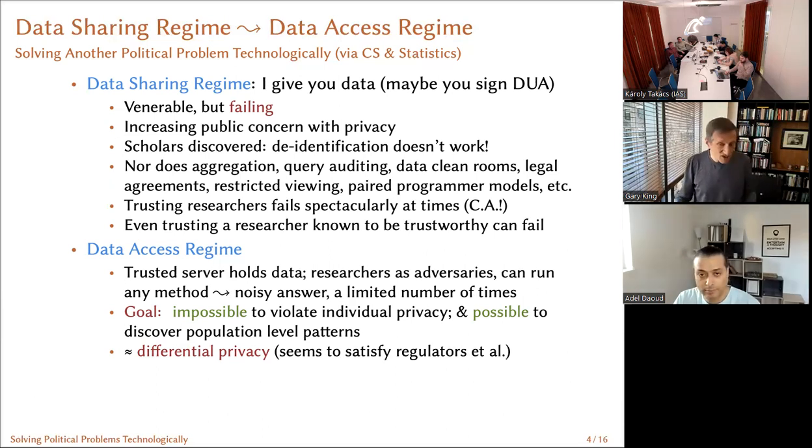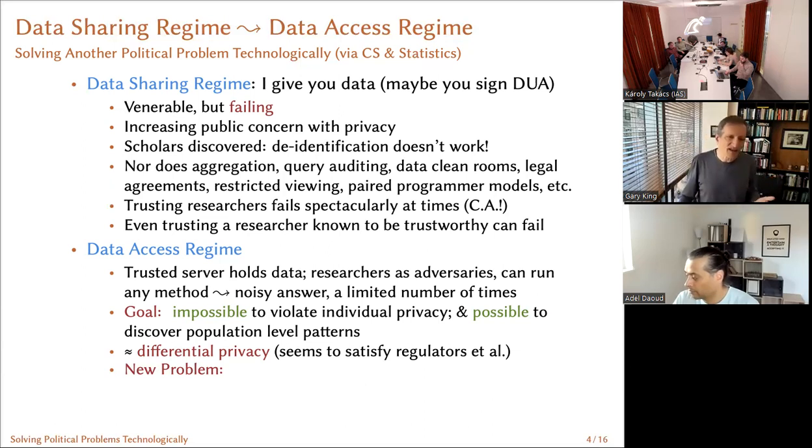And this, it turns out, seems to satisfy regulators all around the world. I know because we've talked to a lot of them in trying to get the Facebook data approved. So differential privacy will solve this problem, and it's quite a remarkable invention, I think. It will provide guarantees to respondents rather than promises that we're going to try hard.